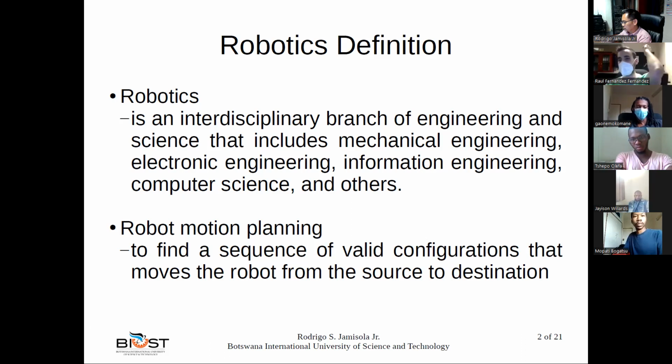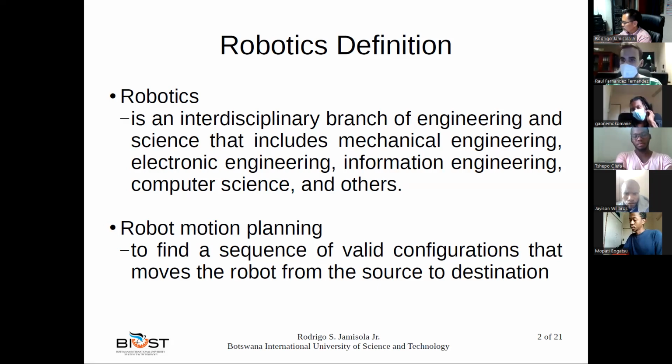A joint can be, for example, this, this is a joint for us. Everything that we can move in our body is a joint. A robot will have different joints, and each position of each joint is a different configuration. So this is a configuration, this is another configuration, and so on.